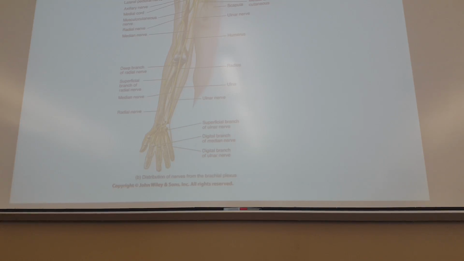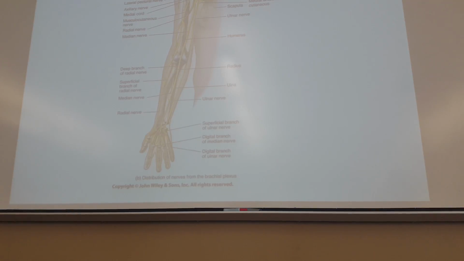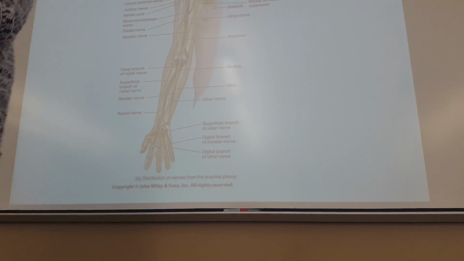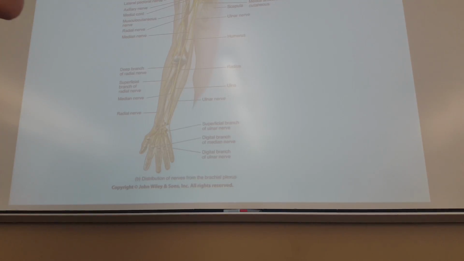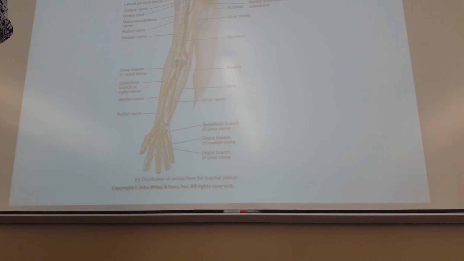Second one is the musculocutaneous nerve. The musculocutaneous nerve, I said, supplies the anterior arm muscles. So this is the muscle here. What is this muscle? Biceps brachii. Under this biceps brachii, big flat muscle, brachialis.